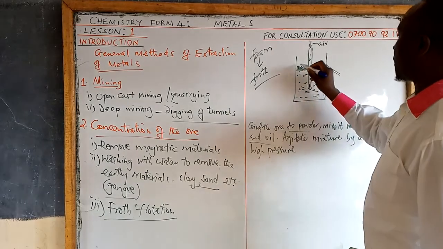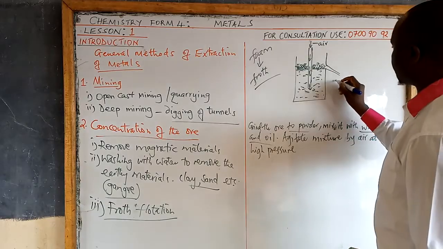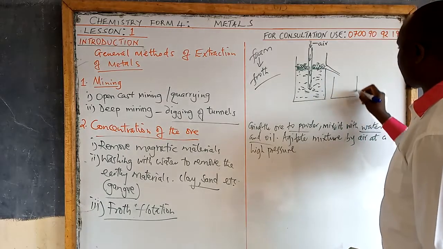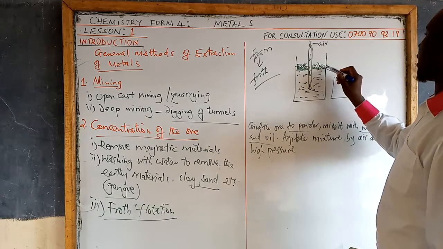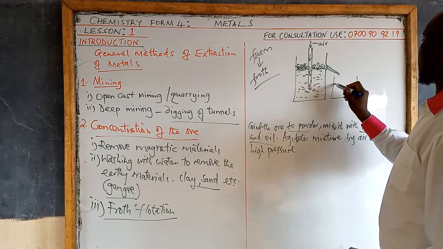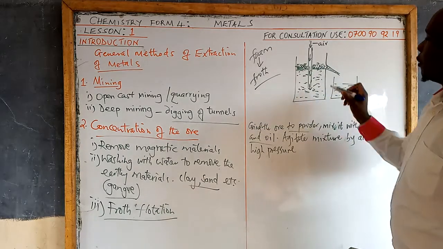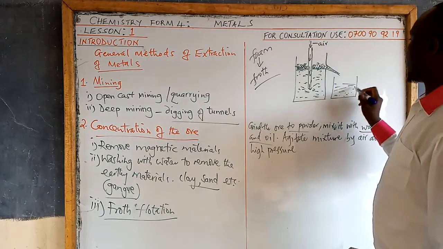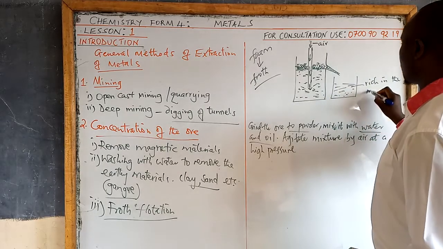So technically you can use a Eureka can to do that. Then you will have another container here. As the froth swells up, it starts getting out, and then you can collect it in another container there. This froth is rich in the mineral ore.